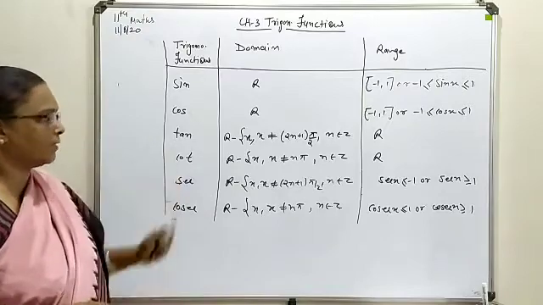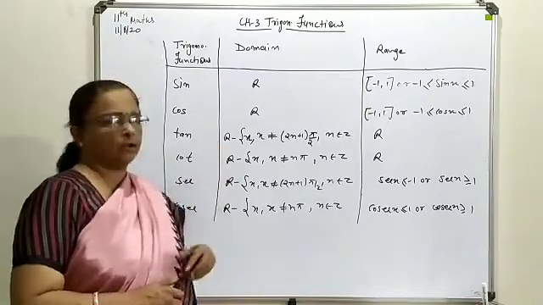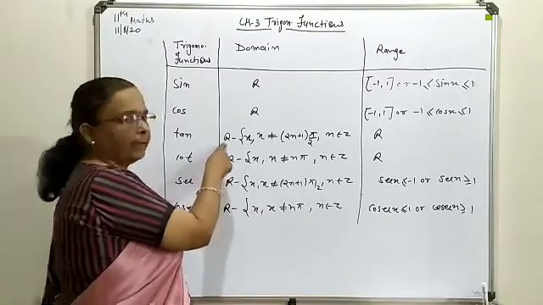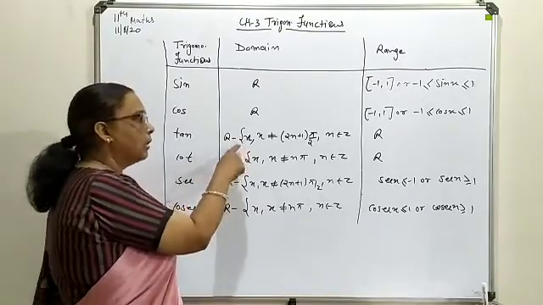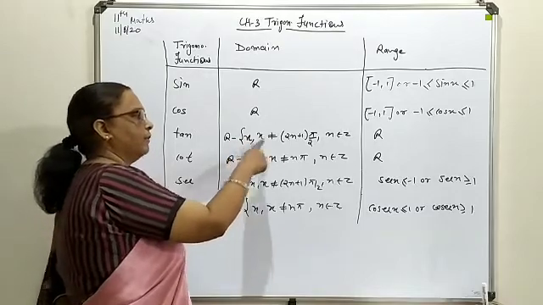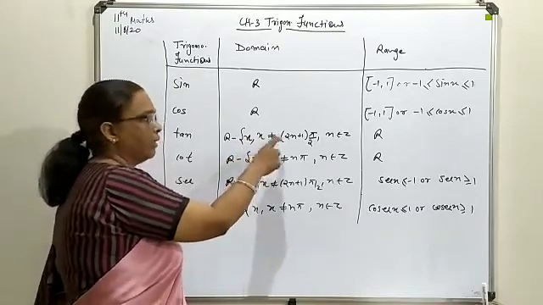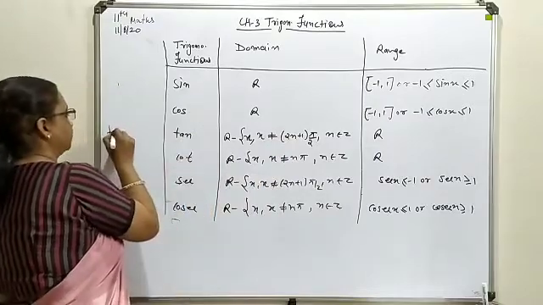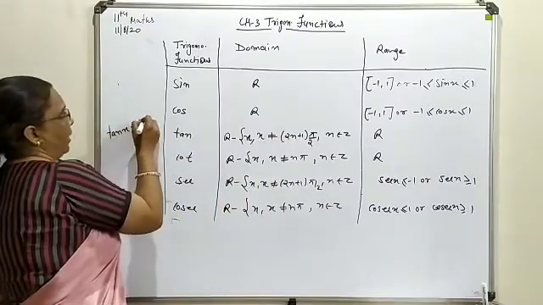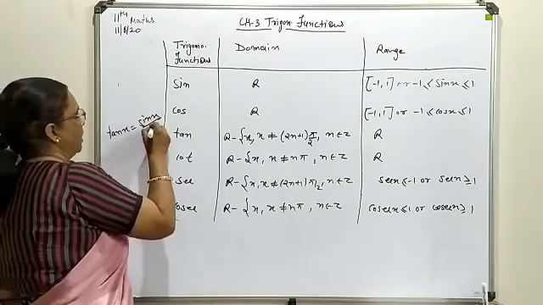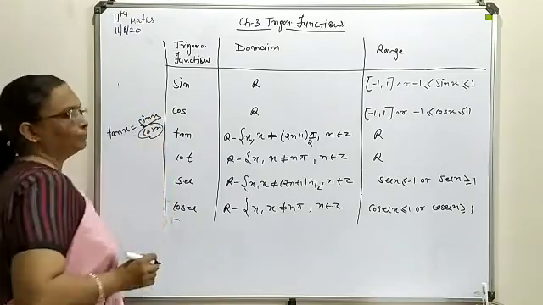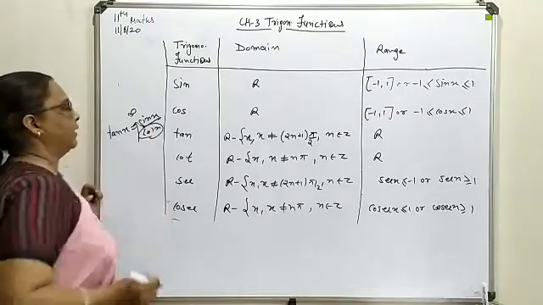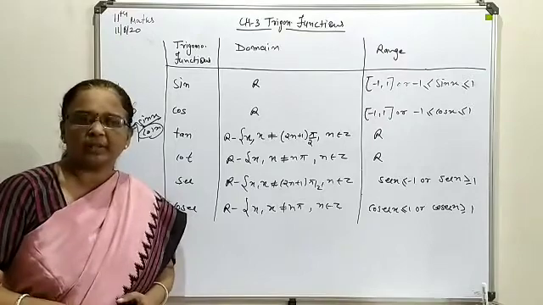Now next, that is tangent. In selecting the domain for tangent, meaning the x value, you can select R, but you have to cut all the values of x for which it tends to 90 degrees or a multiple of 90, because we know that tangent is the ratio of sine by cos. So if cos tends to 0, this term tends to infinity, so the tangent term is not going to exist there.